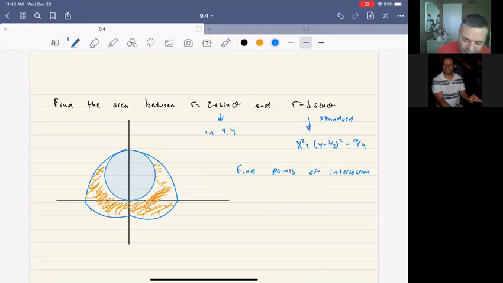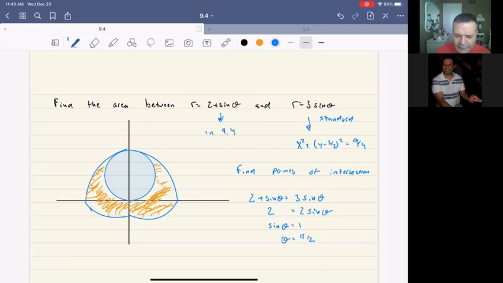So we're going to set these equal to each other. 2 plus sine theta equals 3 sine theta. Moving this over, we get 2 equals 2 sine theta, so sine theta equals 1, so theta equals pi over 2.